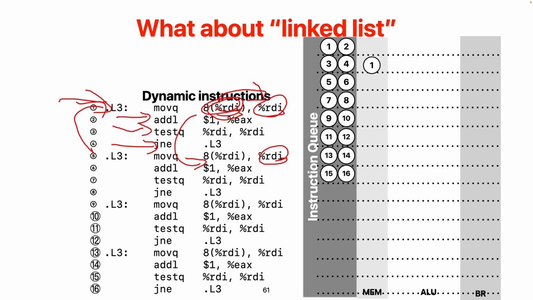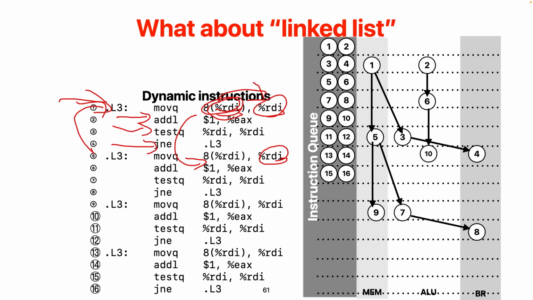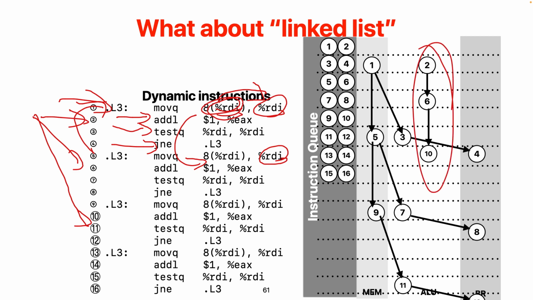If you draw a data dependency graph like this, you will soon figure out that 2, 6, 10, the node plus plus, are not on the critical path. For the branch 3 and 4, they are also not on the critical path. What's really on the critical path is 1, 5, 9.